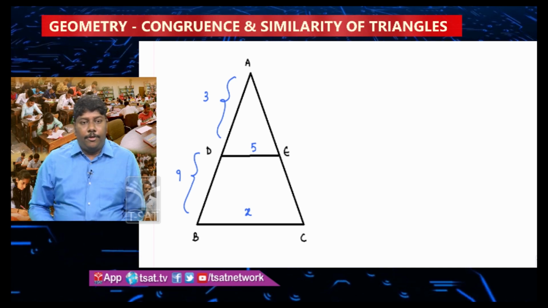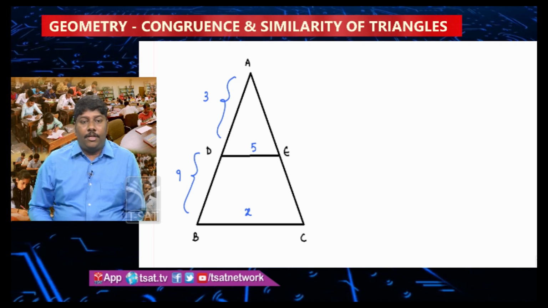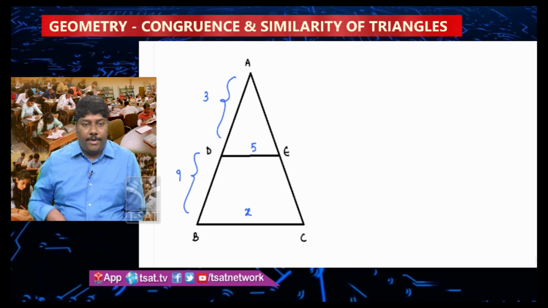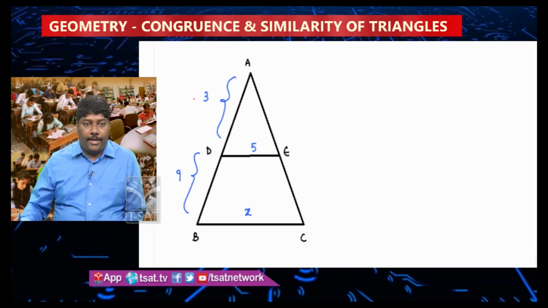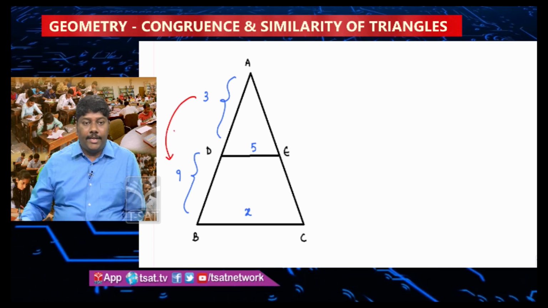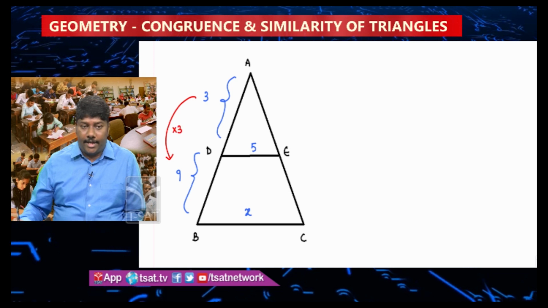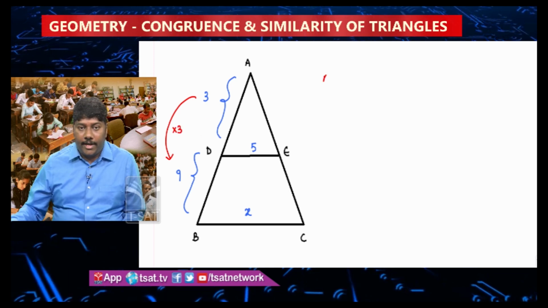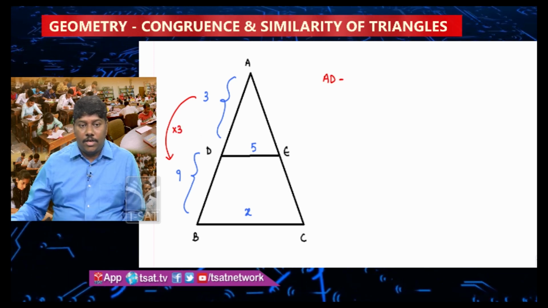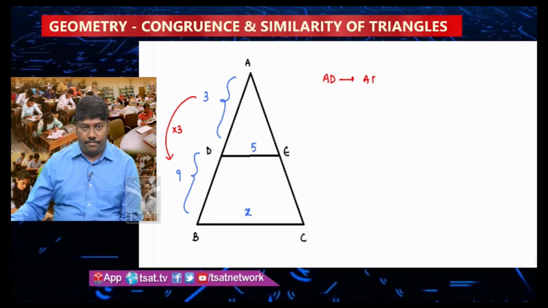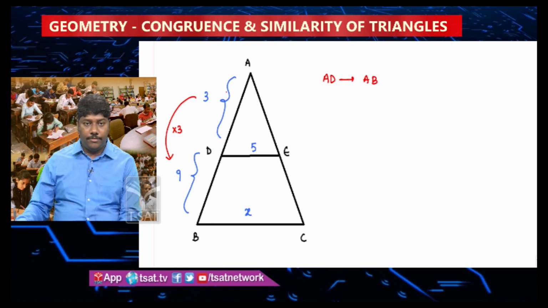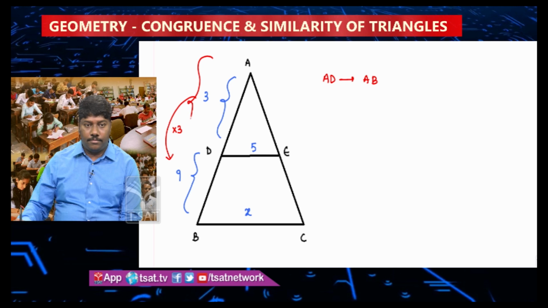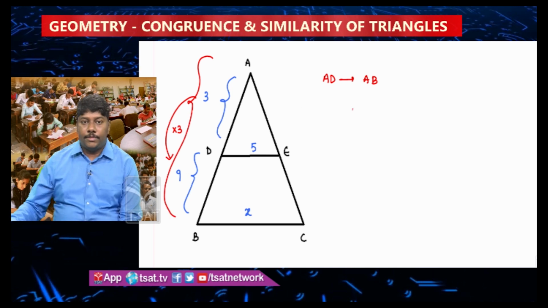In order to find the value of x, now look here, AD becoming DB, 3 becomes 9. If you normally take it, 3 becomes 9, it is incorrect. 3 into 3 is 9. But here you have to look at the side AD to the side AB, which means 3 becomes 12, not 9.